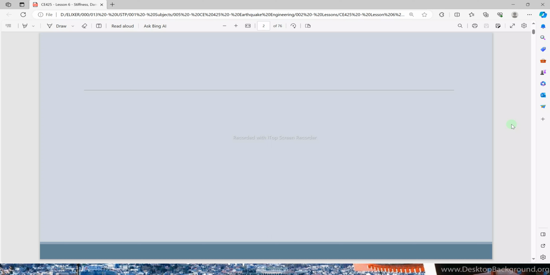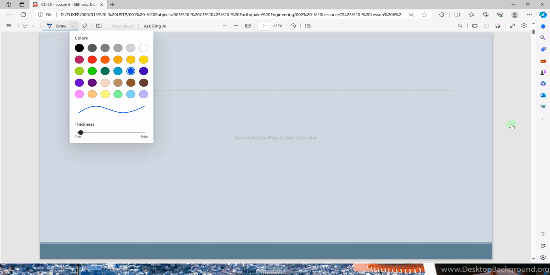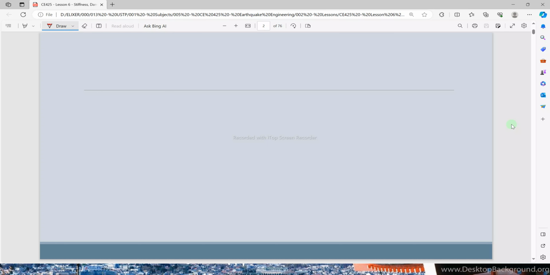Okay. So let's recall the equation of motion. As you remember, the mass times the acceleration plus the damping coefficient times the response velocity plus the stiffness times the deformation is equal to the dynamic force P of t.